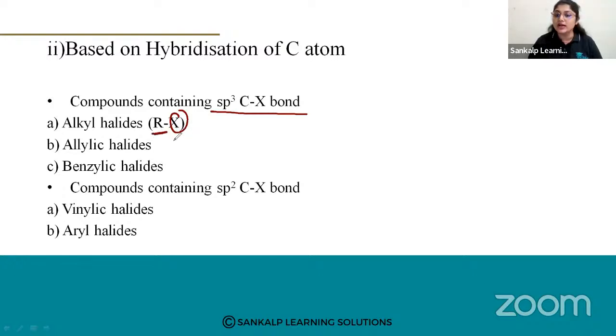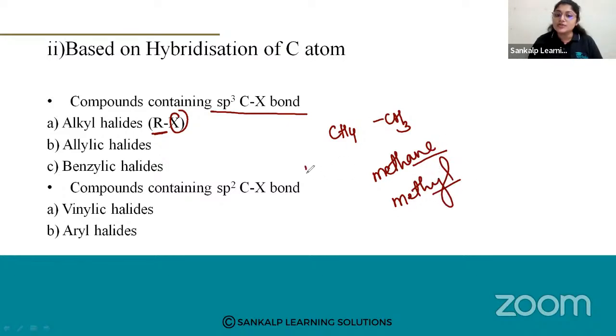R represents your alkyl group, for example methyl, ethyl, propyl, butyl, pentyl, hexyl, etc. Suppose methane, if you remove one hydrogen from this, it results in a methyl group. So for methane, the ANE is replaced by YL, methyl. So this is the alkyl group.